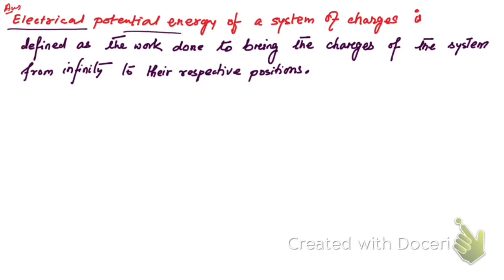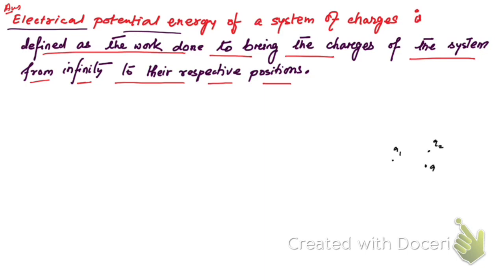Electrical potential energy of a system of charges is defined as the work done to bring the charges of the system from infinity to their respective positions. That means suppose we have a system of charges here, q1, this is q2, and this is q3, and this is q4.